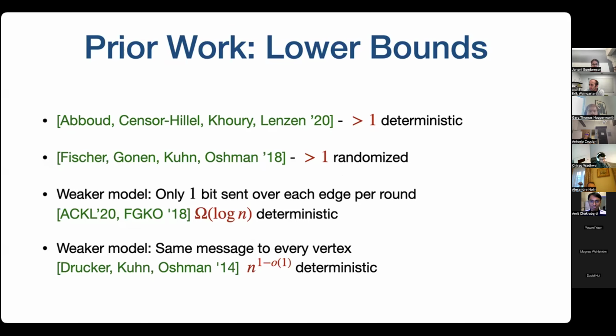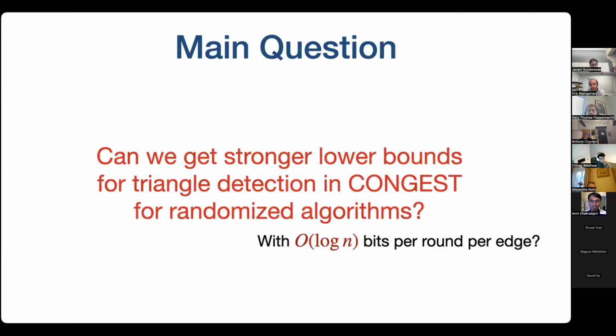So the obvious open question: can you get stronger lower bounds for this triangle detection problem in this model, even for randomized algorithms with the standard bandwidth assumption of order log n bits per round on each edge? So this is what we're going to address.